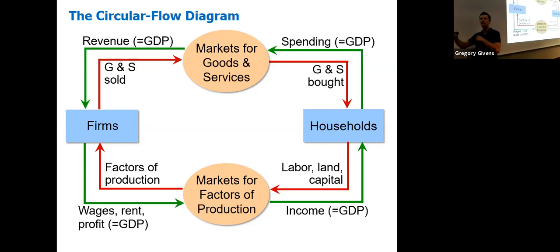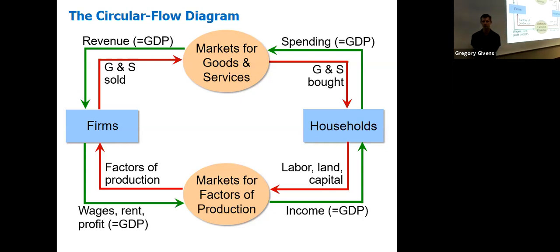Our economy is constantly churning. There are dollars that are flowing from households to firms and then back to households constantly, right? Gross domestic product is that flow of dollars through markets over a given period of time. Whether you want to think about it in terms of income or total expenditure, those flows should be equal in the aggregate.